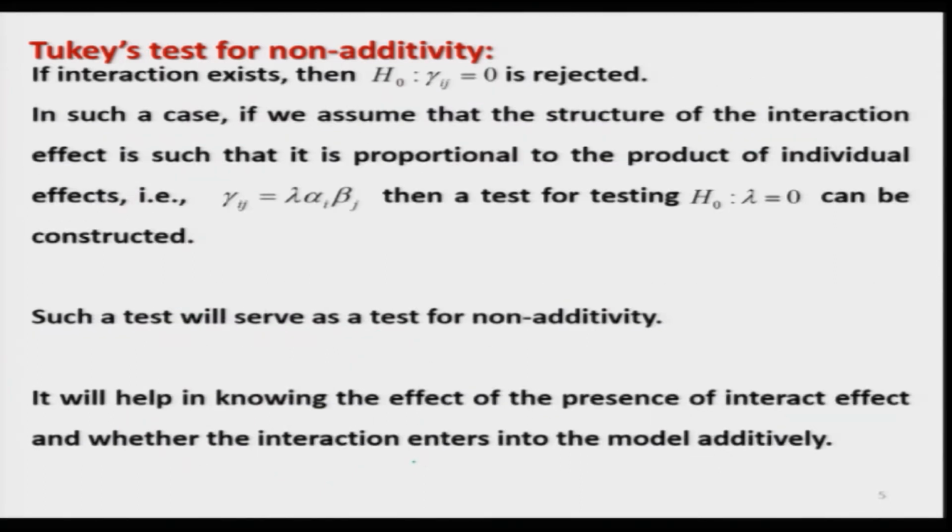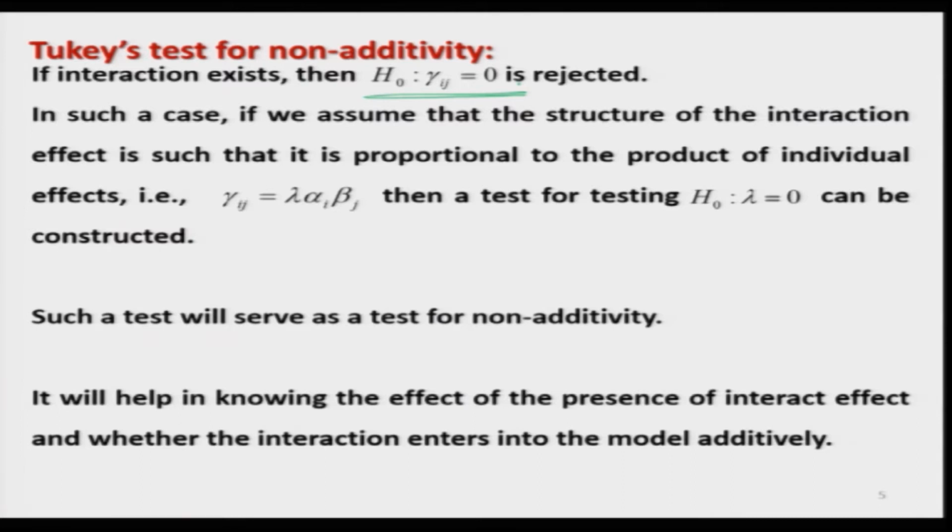And in that case the error will have I minus 1 into J minus 1 degrees of freedom, no problem, right. So, now the question here is that suppose the interaction effect is present in the data, and when you test the hypothesis H naught gamma I J is equal to 0, this hypothesis is rejected. That means the interaction effect is present in the data.